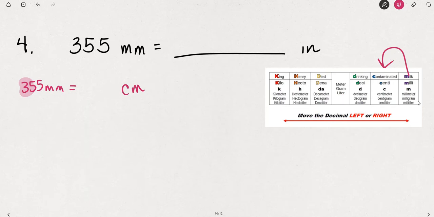So to go 1 unit left, we would move the decimal 1 unit to the left. So this starts by saying that 355 millimeters is 35.5 centimeters.